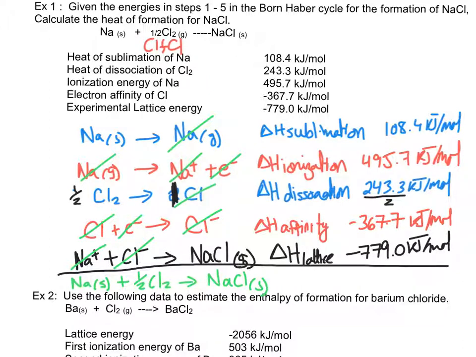I've taken my elements that are in a natural state and formed 1 mole of my ionic substance. And so if I wanted to figure out what the energy associated with this overall process is, all I have to do is just add up my delta H's here. So if you look at this process, this is the formation of sodium chloride. So I wrote delta H of formation here. And the total altogether is negative 421 kilojoules per mole. So overall, it's an exothermic process.